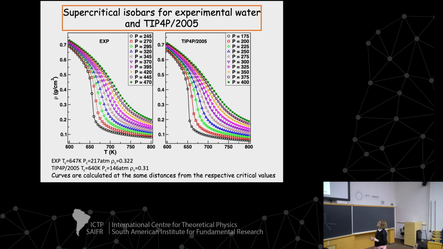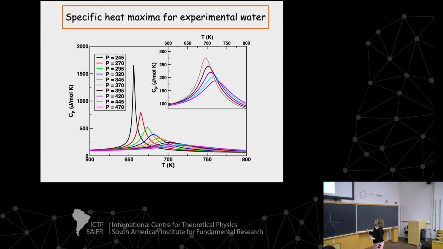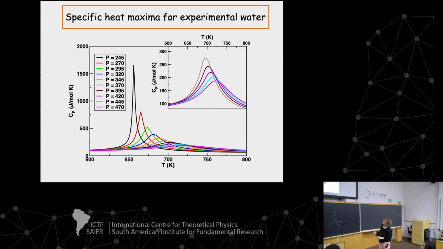As you can see, the phenomenology is very, very similar. And you see the phenomenology, of course, of a critical point. And the specific heat maxima from experimental water are like this.